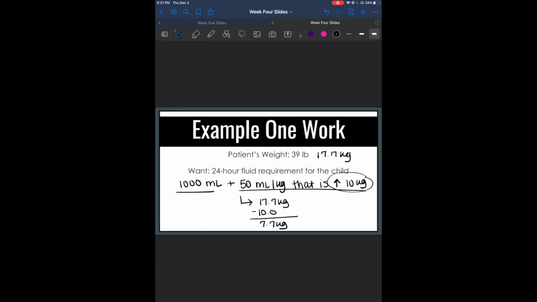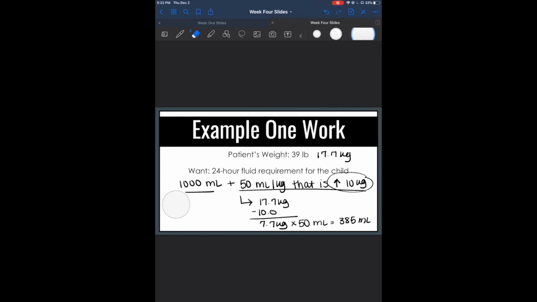And we're going to give them 50 milliliters per kilogram for the 7.7. So you want to times that by 50, which is going to give you an additional 385 milliliters.